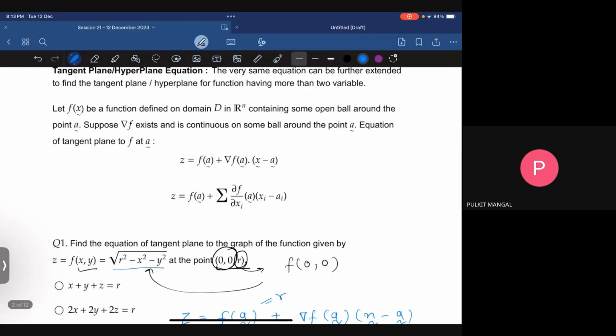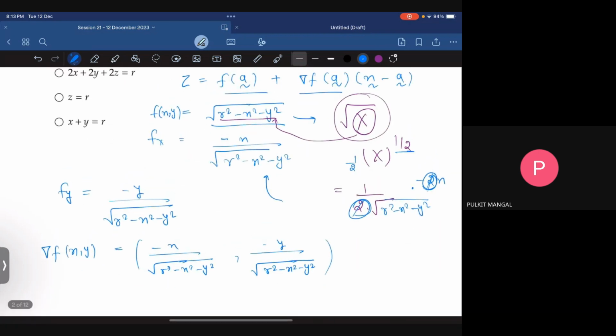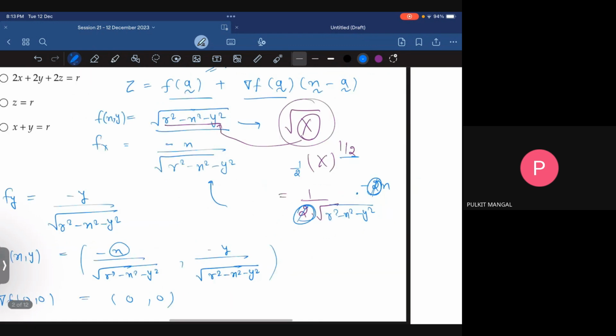But basically what we need to do is find my gradient at the given point. The point that was given to me was 0 comma 0. So if I want to find my gradient of f at 0 comma 0, it would be simply 0 comma 0, because there is 0 in the numerator in both the terms.